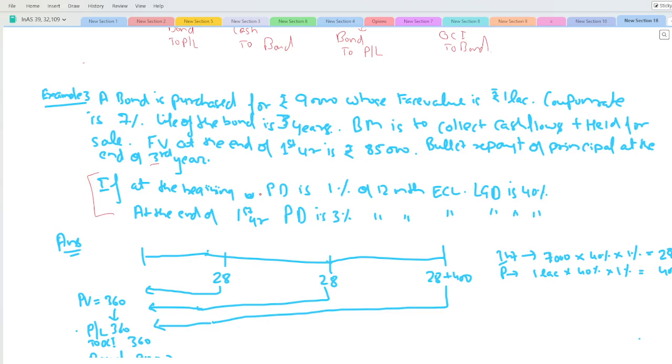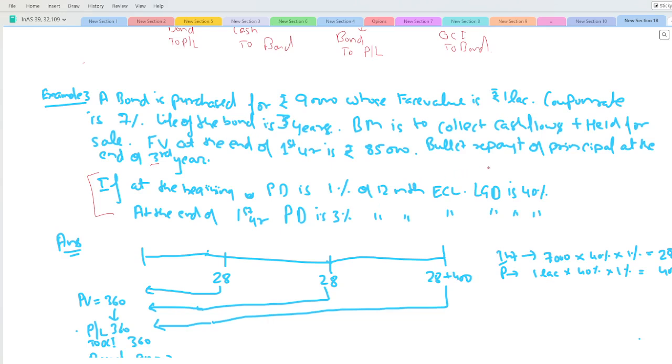So how can you say that you will not recover the fair value? There was a lot of argument, but then it got settled. The conclusion was that the IASB remained stringent about this: from the inception you need to create the provision. That is a loss allowance, you need to do it.